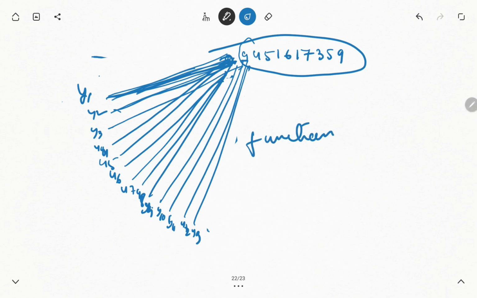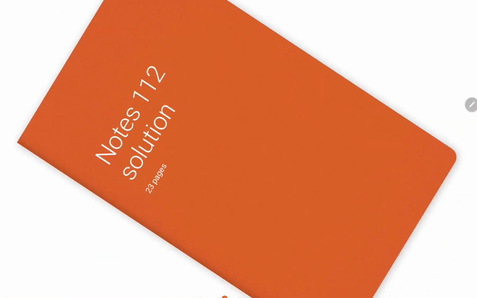Now this was about class 11th. Now what is class 12th giving you?